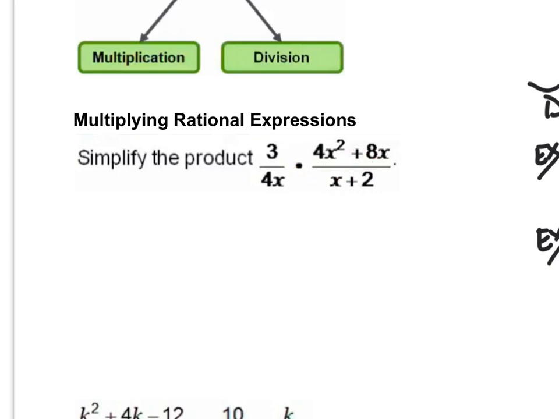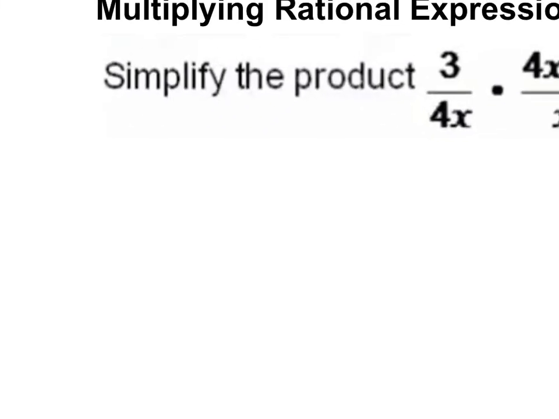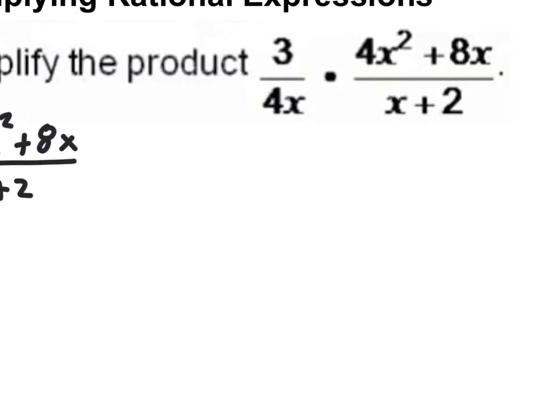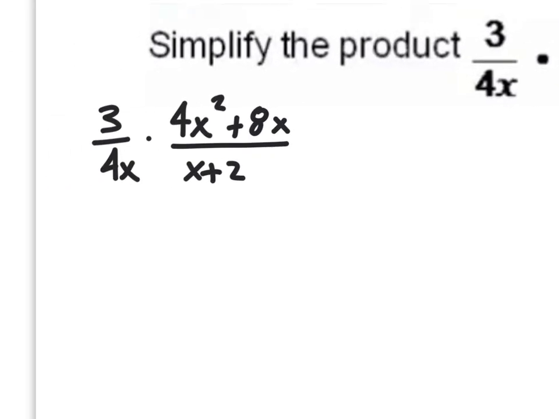So let me rewrite this problem over here. Okay, let me zoom in. And this gives me 3/4x times 4x squared plus 8x over x plus 2. Traditionally, you're just going to multiply across.